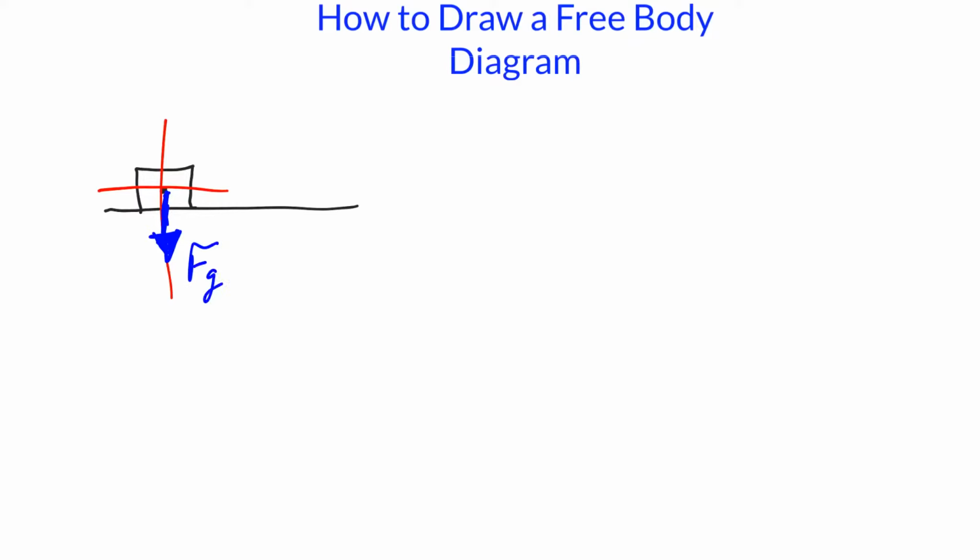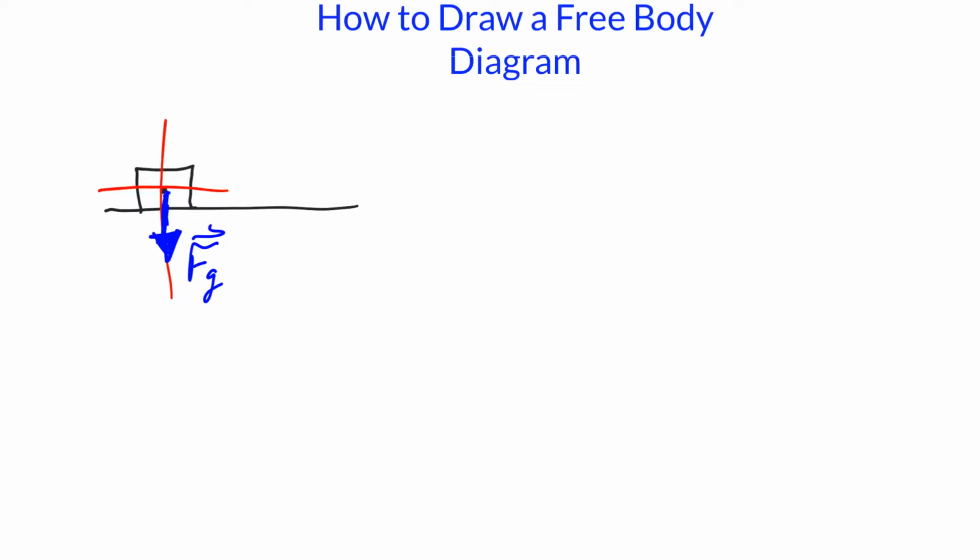And to write our force of gravity, we're going to do a capital F and then a lowercase subscript g for gravity. And then make sure that we put our half arrow on top. That's the vector symbol because force is a vector. It has magnitude and direction.